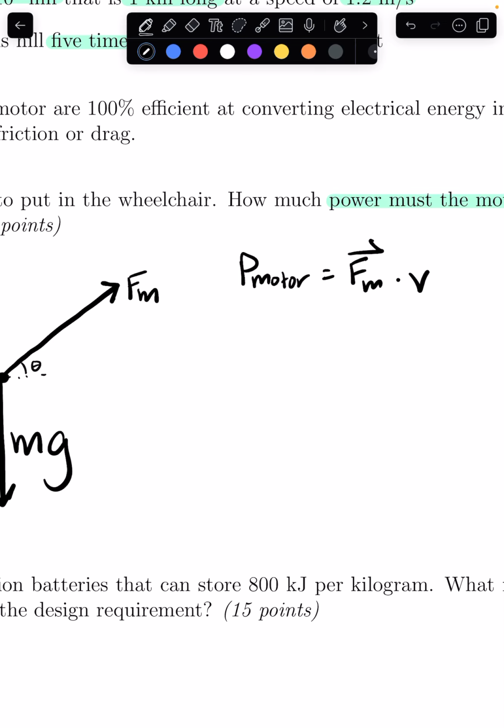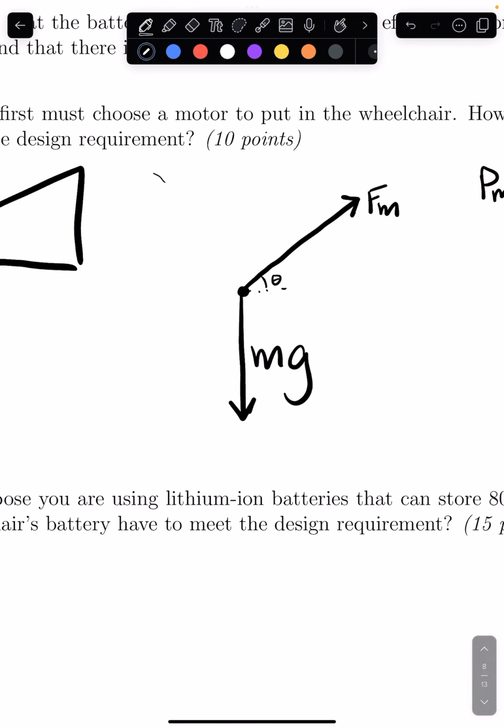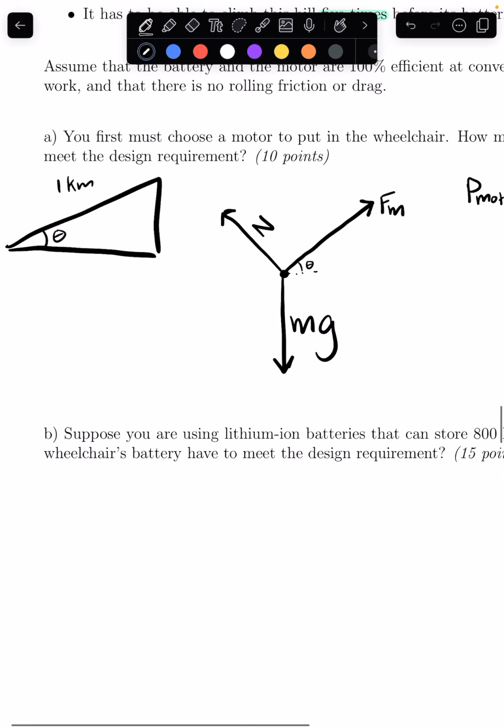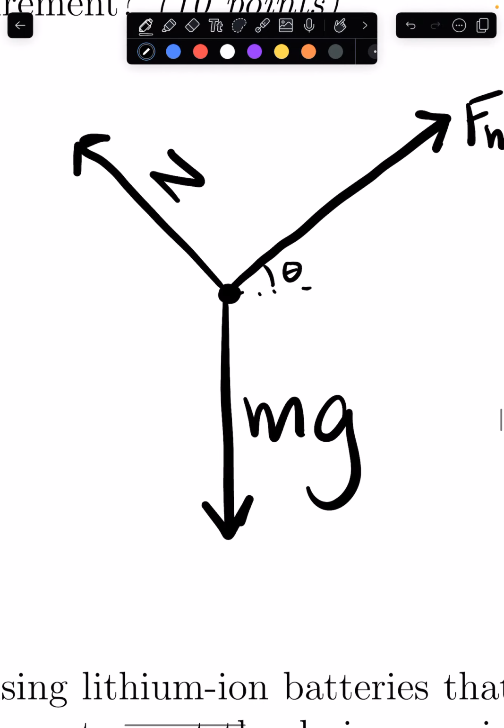I'm going to choose to tilt our directional axes so that the motor is parallel with the x, so it's moving in the x direction. The reason is that it makes it a little bit easier to solve. If this is our gravity, our normal force is going to be up this way, because we're tilted.